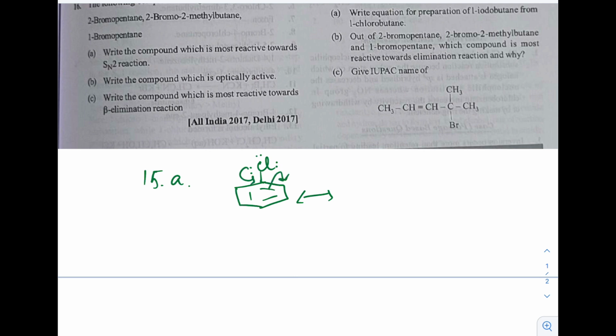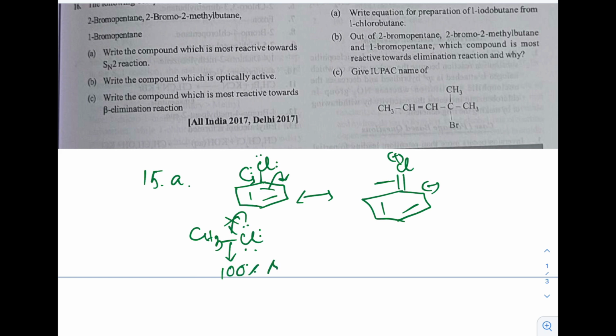The C-Cl bond in chlorobenzene is getting partial double bond character due to the above resonance, and that's why the C-Cl bond length becomes shorter. But in case of CH3Cl, no resonance is possible. So the C-Cl bond has 100% single bond character in methyl chloride, and that's why in CH3Cl the C-Cl bond is longer. So 15A is done.